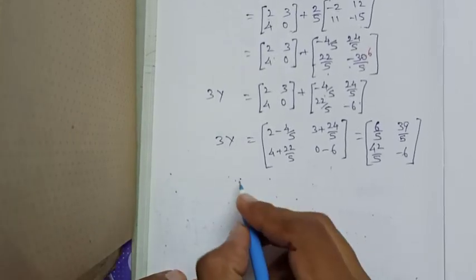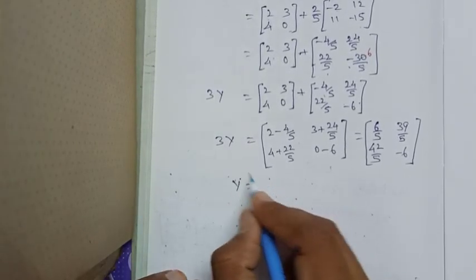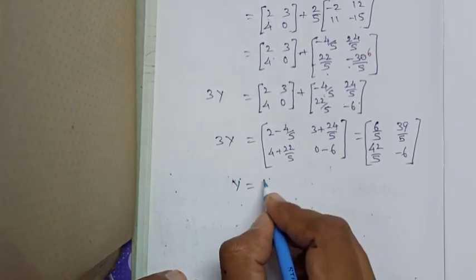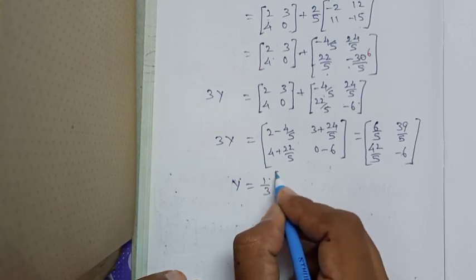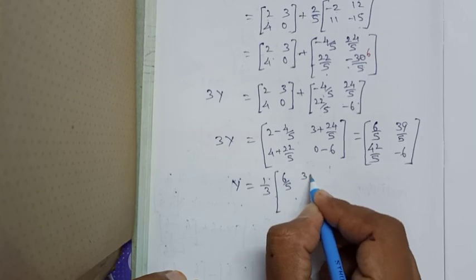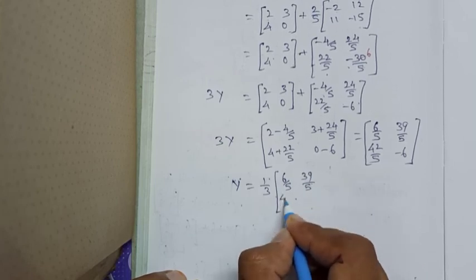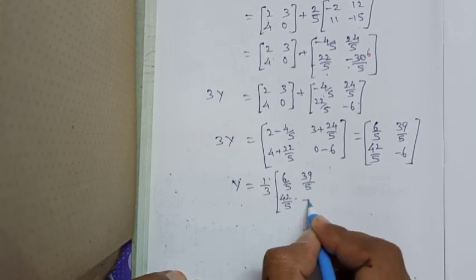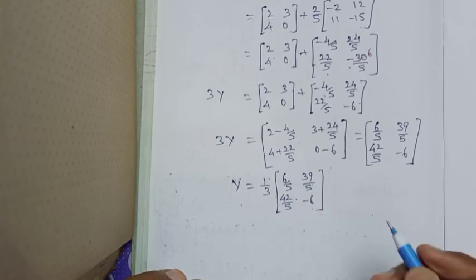We need the y value. So the y matrix is equal to, shifting the 3 to the right side, 1 by 3 into 6 by 5, 39 divided by 5, 42 divided by 5, minus 6.